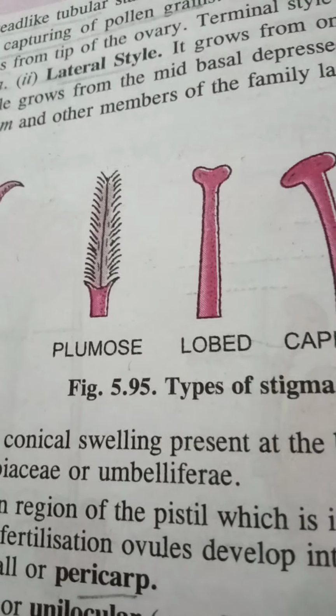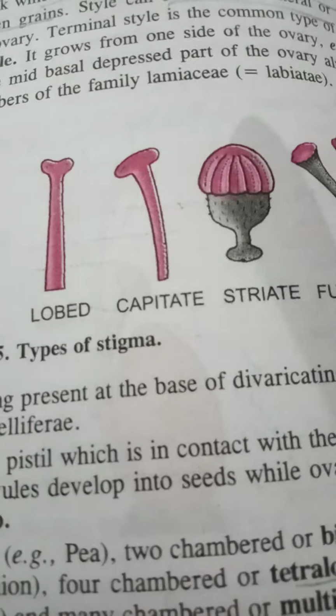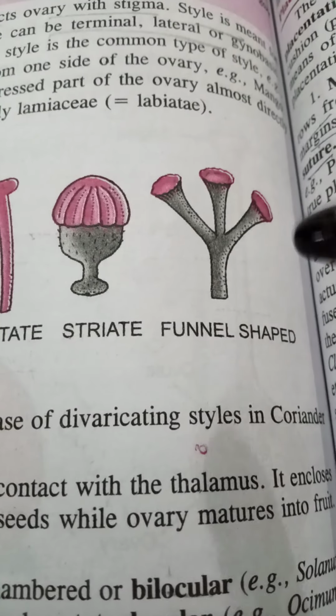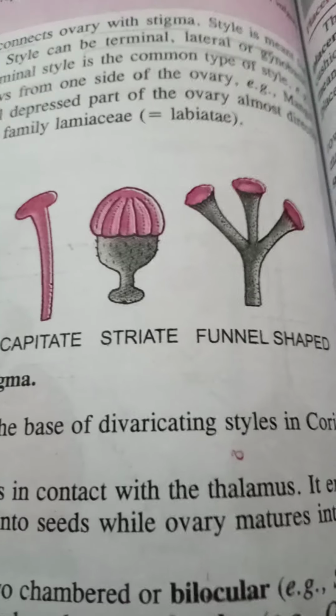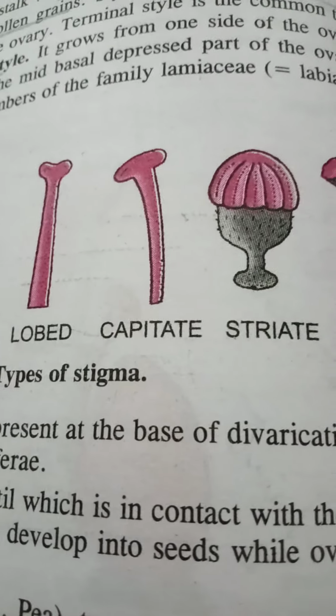Then sometimes it may be plumose, that means feather-like structure. It may be lobed, capitate if it forms a cap-like structure. Then it may be striated if striations are present. It may be funnel shaped. So different types of stigma may be present.